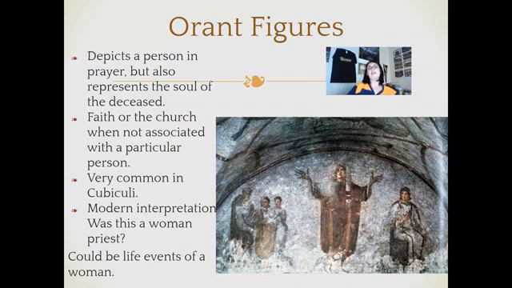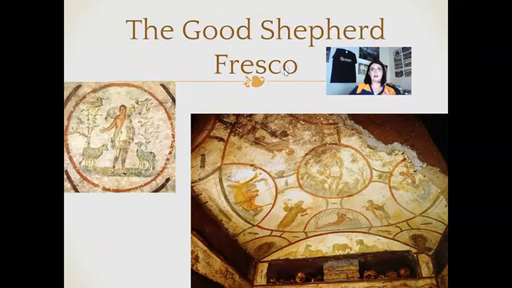So then there's people who say, no, it's not. This could just be the woman who is buried here, and maybe it's her soul of the deceased, and these other pictures are scenes of her life. But those don't seem to match up with what is happening here with her appearance as an orant figure.